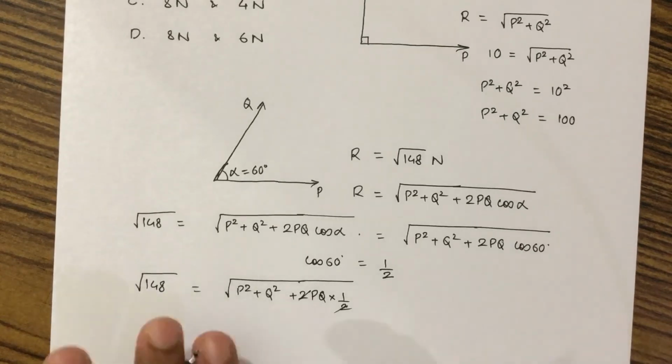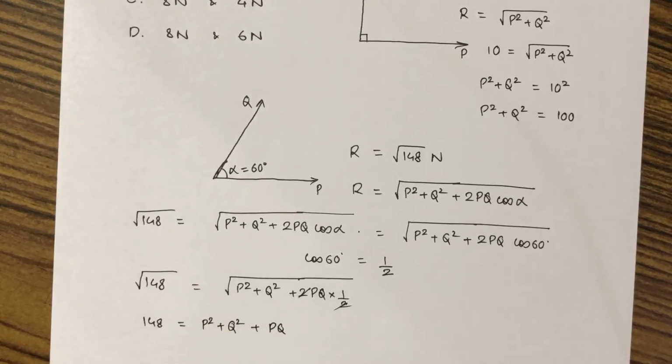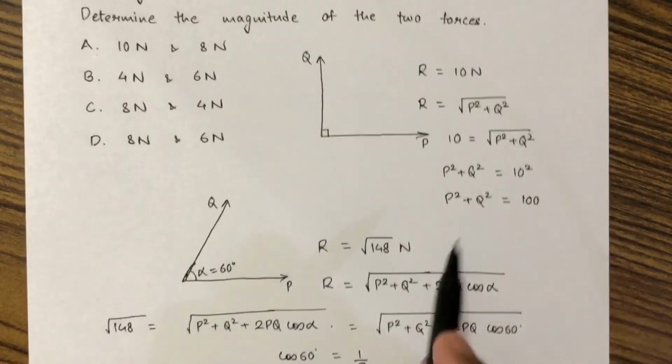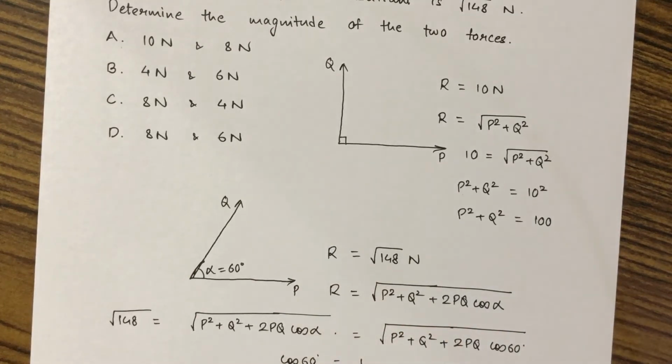Now if we square both the sides, we will get 148 is equal to P square plus Q square plus PQ. But from the earlier equation we have got P square plus Q square equal to 100.